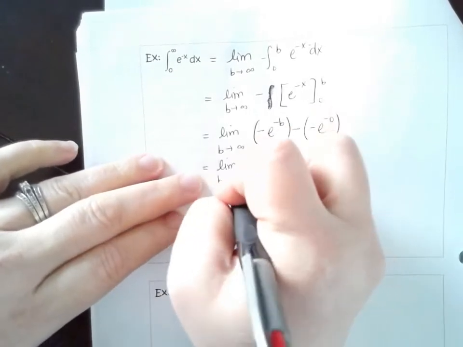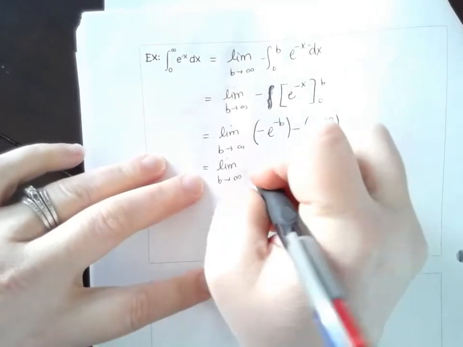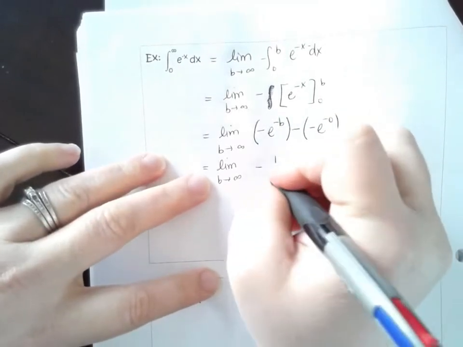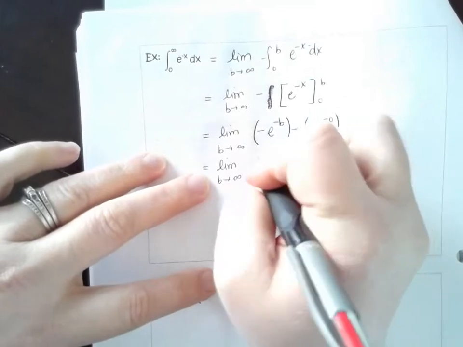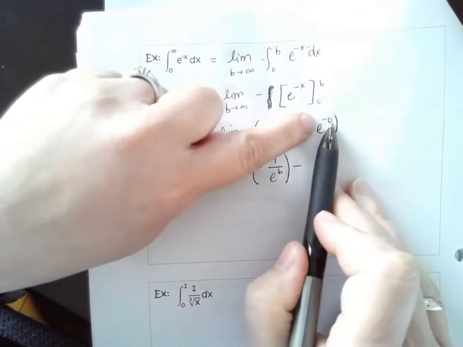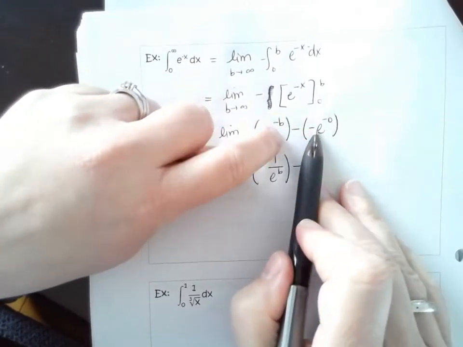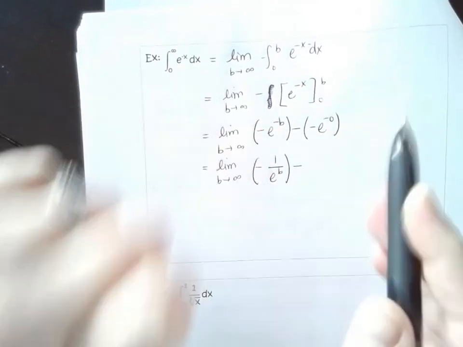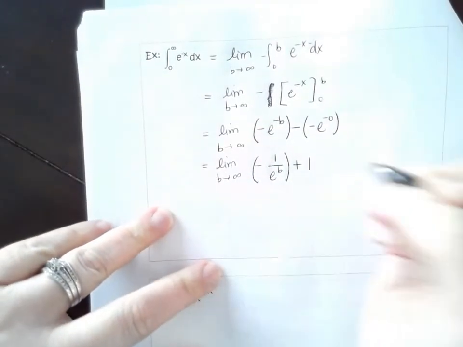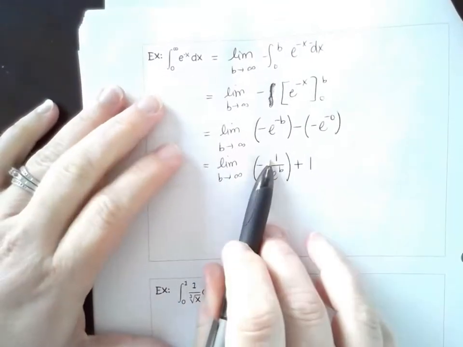But I am going to clean up what I have in front of me. A negative exponent means that it drops to the denominator. And e to the 0 would be 1, with a negative in front is negative 1, with a negative in front of that is positive 1. So now my job is just to evaluate this final answer.